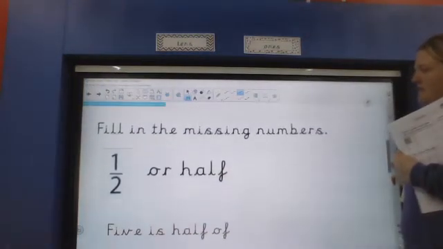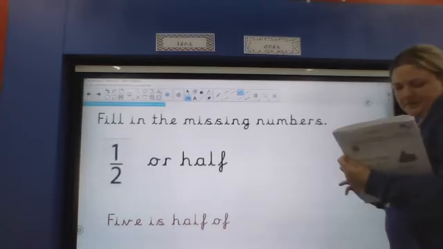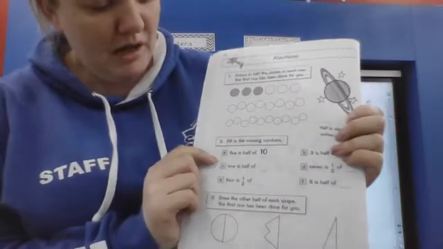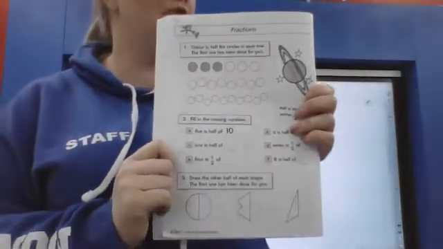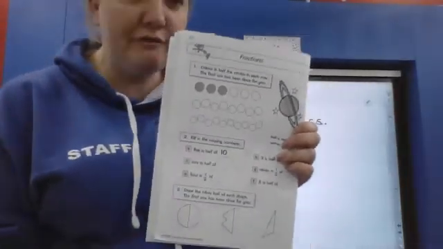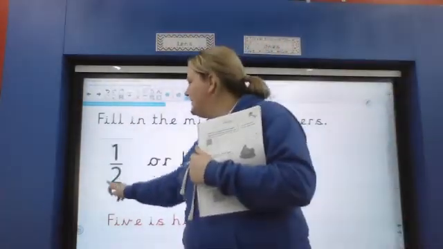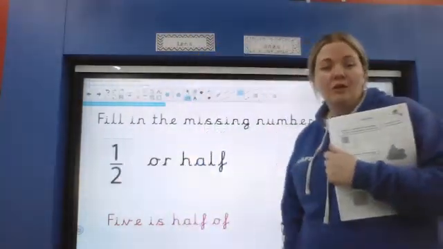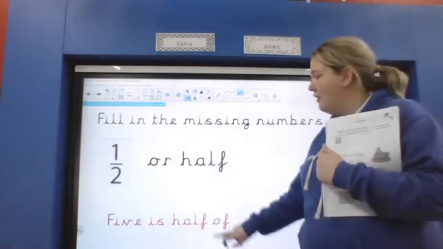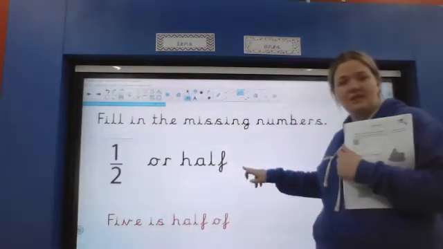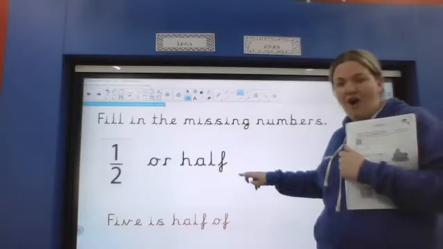The next one says fill in the missing numbers. So we have it in a written form and also in number form. Remember, this means half, or you might see half written like this, and it says half.